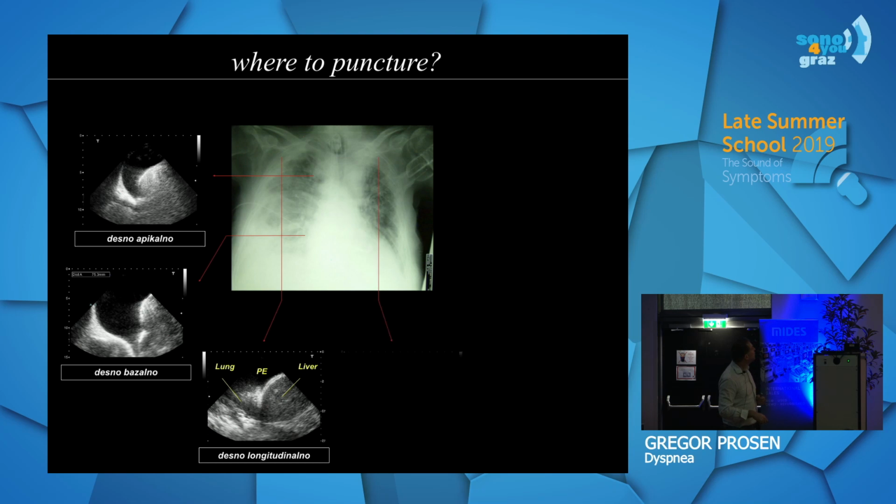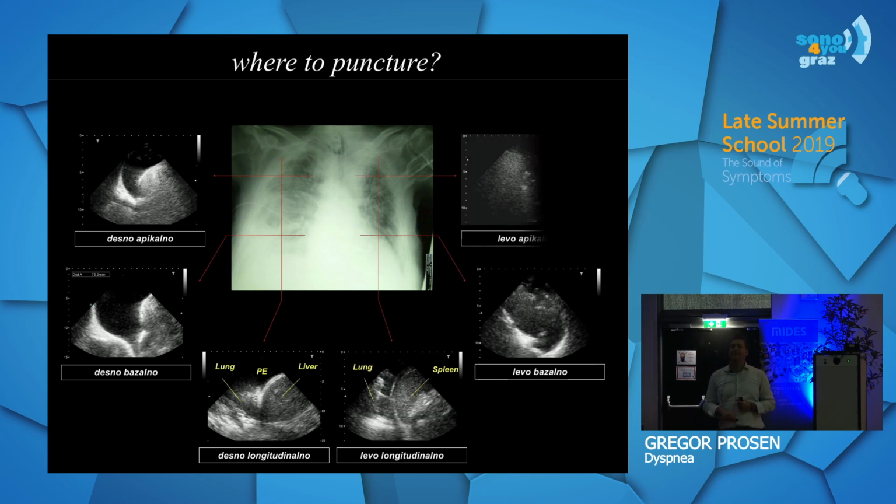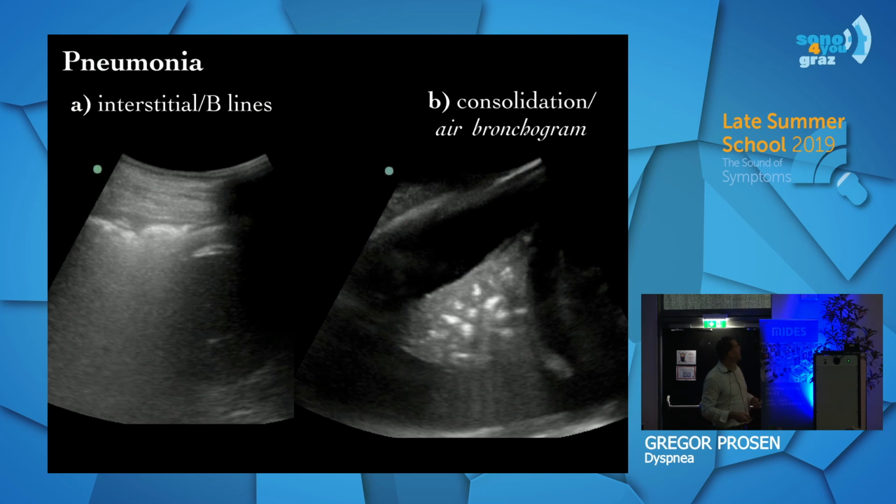Okay, same. Where would you puncture? I think you want to make sure that you know where you puncture. You don't want to puncture lobar pneumonia, but just an effusion, right? Okay, regarding pneumonias, they can come roughly in two flavors, either interstitial pneumonia or lobar pneumonia.